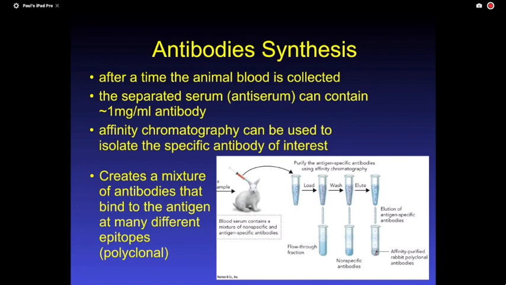All right? And now you have a collection of antibodies that will bind to your antigen at several epitopes. Okay? That means you have a collection of what are called polyclonal antibodies. The antibody will not just bind one place, but there are lots of antibodies that bind to your antigen at multiple different places on whatever it is.